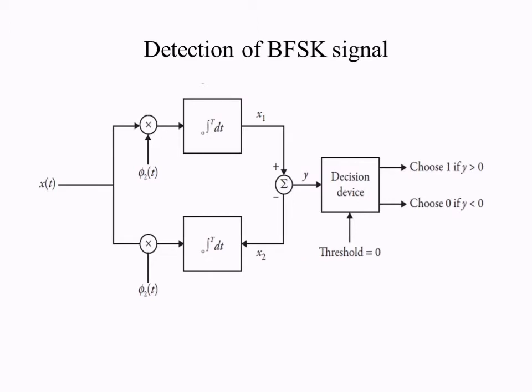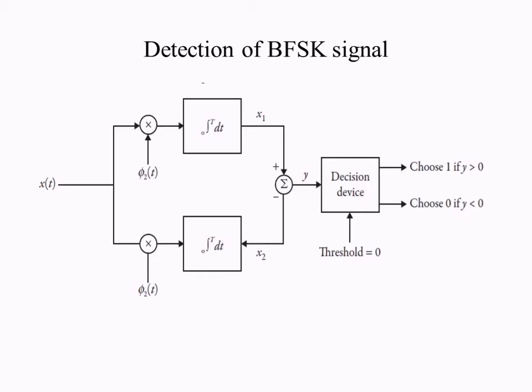Now detection of the BFSK signal. In this we are sending our x(t) to a correlator. Again here we have two arms. From the upper arm we will get x1, from the lower arm we will get x2, then it is summed and gives you y.